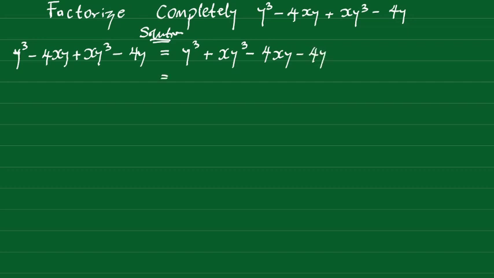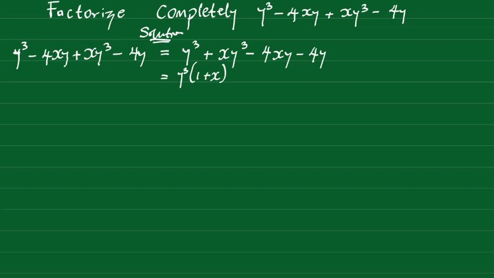Now we factor out y raised to power 3 from y raised to power 3 plus xy raised to power 3. So we have y raised to power 3, bracket open, 1 plus x, bracket close.